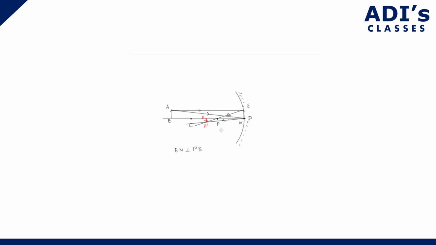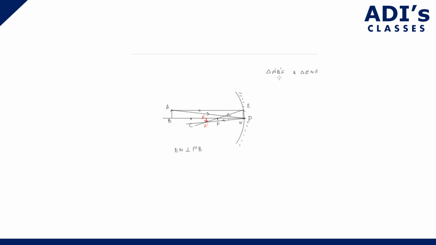Now see, take A dash B dash F and ENF. So triangle A dash B dash F and triangle ENF.